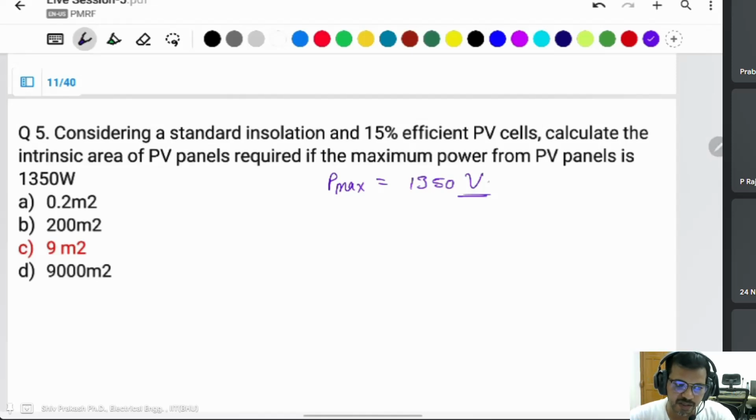Intrinsic area means how much area a PV panel takes without considering cleaning or anything else. It means how much area it will take for only the PV cells.